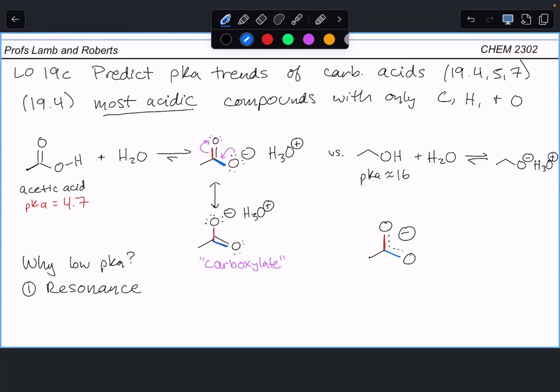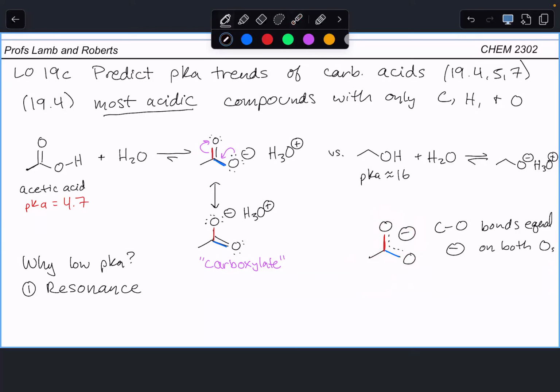So they're functionally equivalent, and that means that these CO bonds are equal, so they're the same length, and that negative charge is on both oxygens. This is just another way of drawing it, halfway between the two resonance structures.